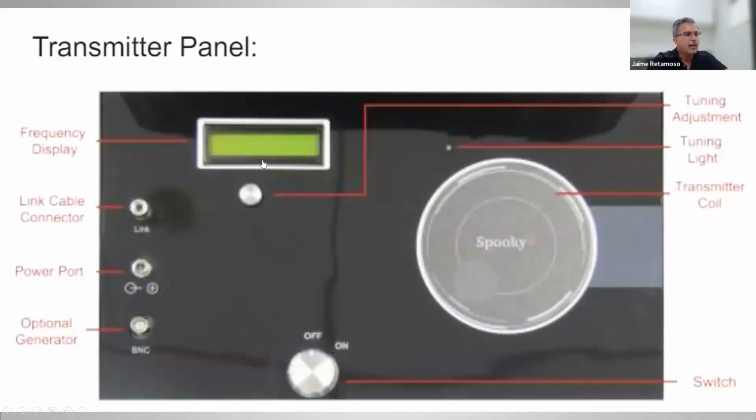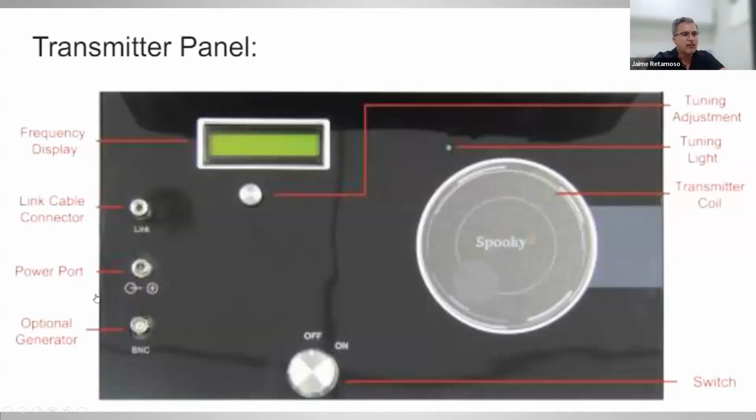And here below the screen, you can see the knob for tuning adjustment. So this knob is also important. The tuning light is the light that we will see how bright it becomes when we are trying to link the two devices, the transmitter and the receiver.